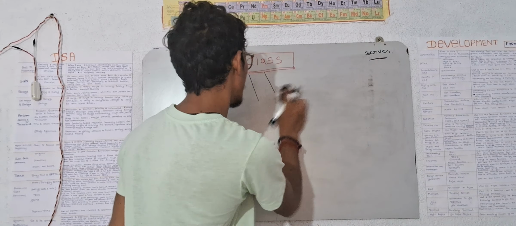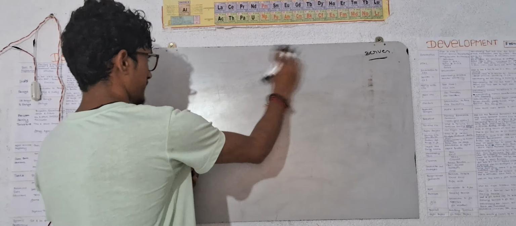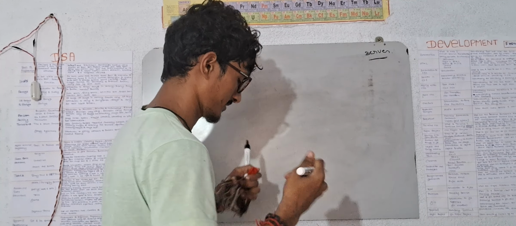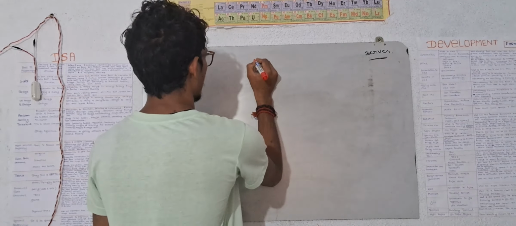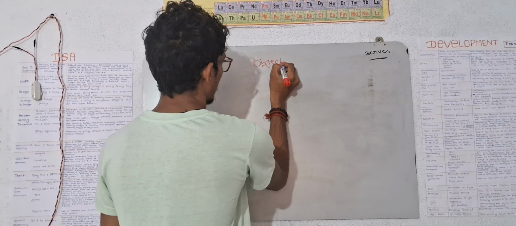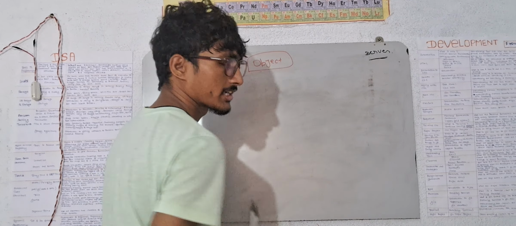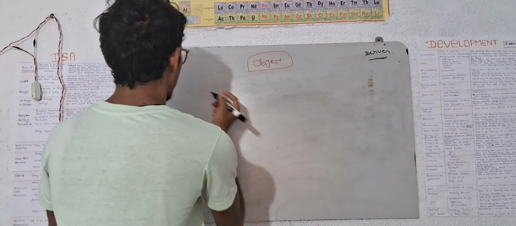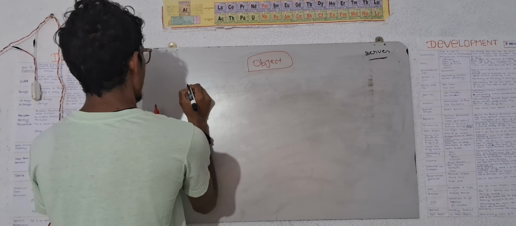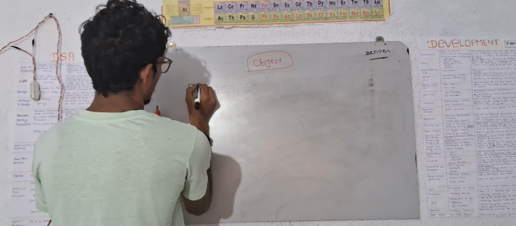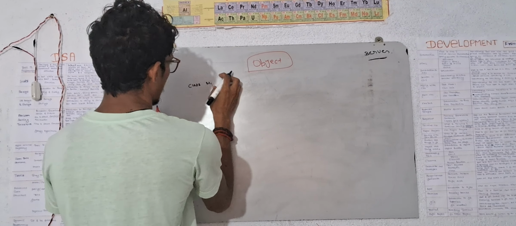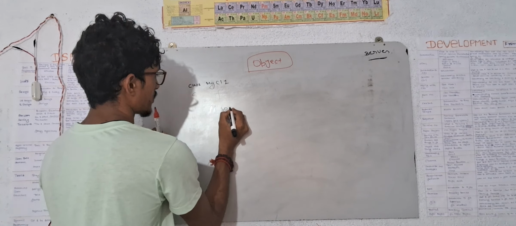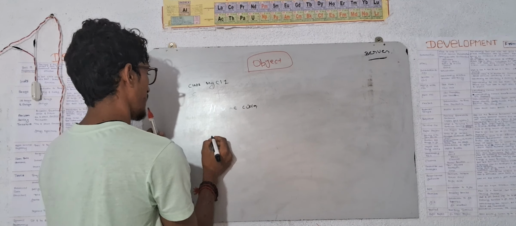Now we will talk about object. Let's start, and now we will see about object. Let's take a condition. I have written a program in another file: class MyCL1, and there is some code.